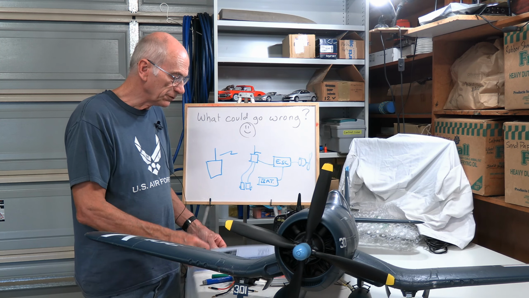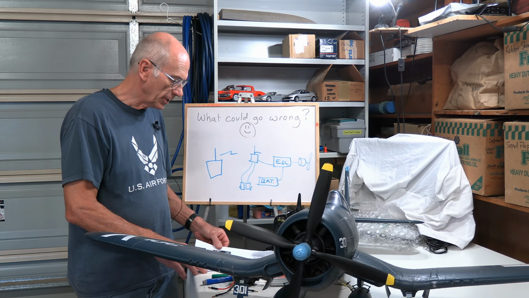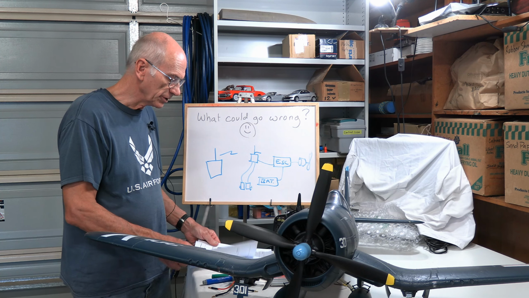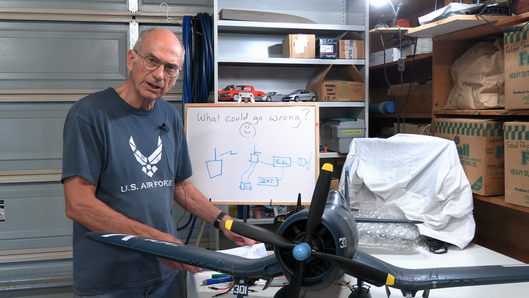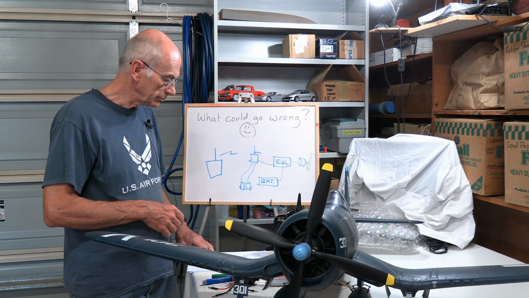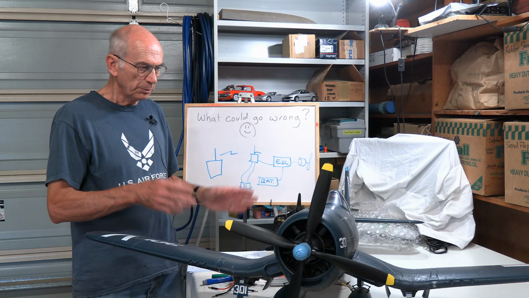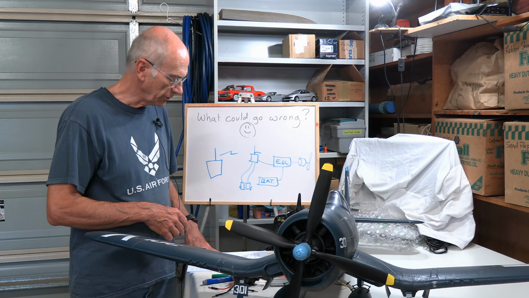So as soon as possible, you want to get those controls sorted out and get that plane to where it flies nice and straight and level. It'll make it a lot easier and you're less likely to get into trouble. Okay, there's probably some other aerodynamic ones, but those are the main ones that I'm thinking of.